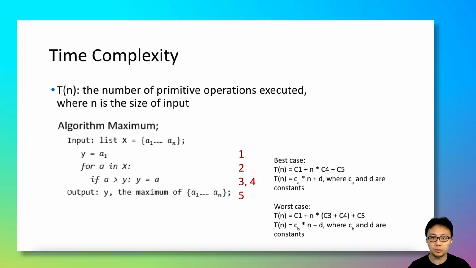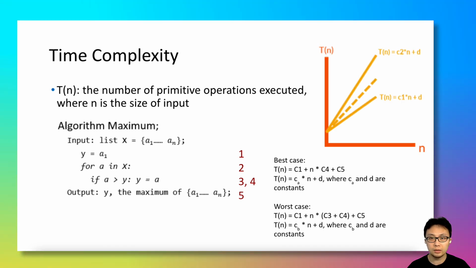So using single symbols to represent constant numbers makes it easier for us to see the nature of the time complexity functions. In our case, both the functions in the best case and the worst case are just linear functions. So far, we keep using the phrases like best case or worst case, but we have never really defined them formally yet.